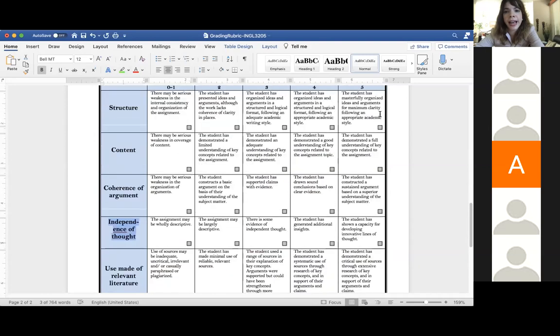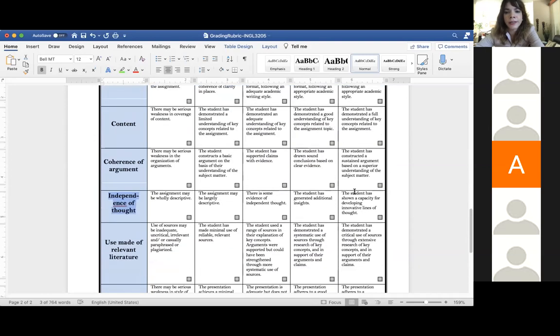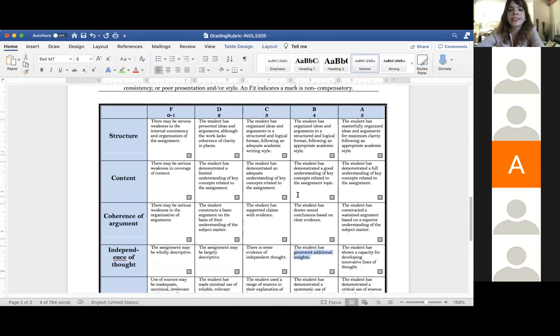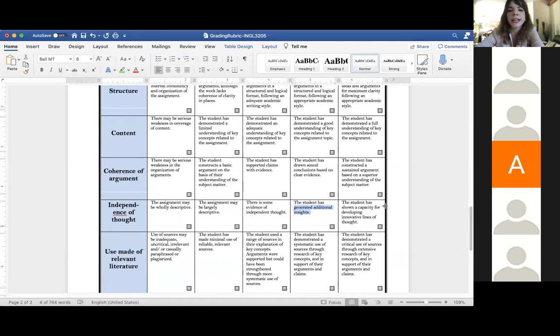But if you're in the A territory, you're showing a capacity of critically engaging or thinking in that topic, and even coming up with new solutions or new ideas that weren't even in the film, all right? You generated additional insights, B or A. You want to be in this territory.